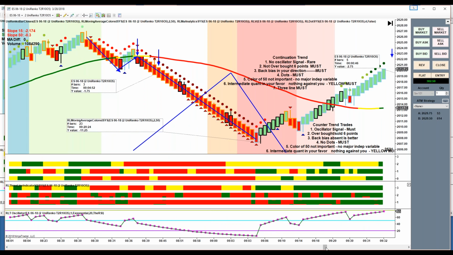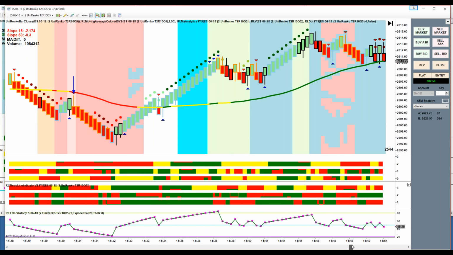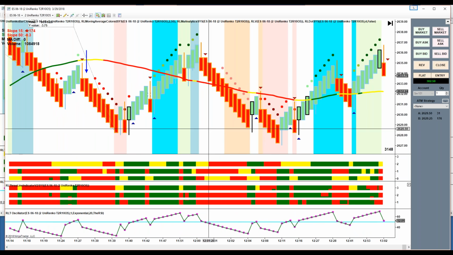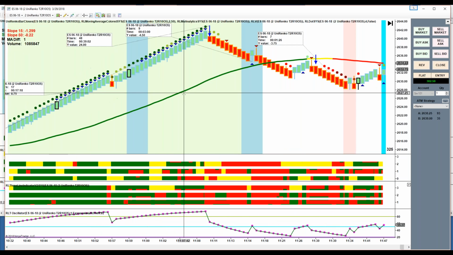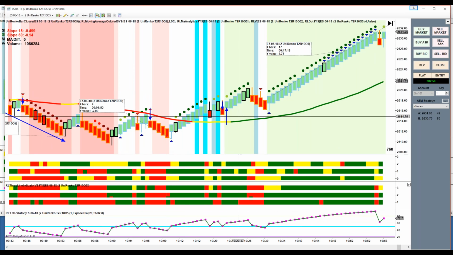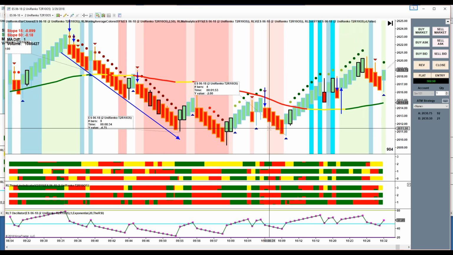So let's go to today. And we had some great trades today on the E-mini. Now here, I took this trade. This is more of a continuation.